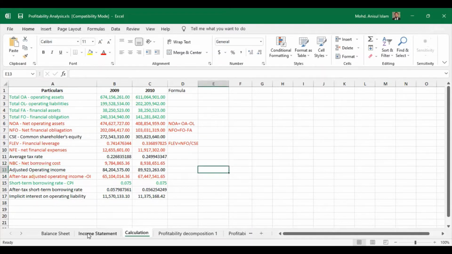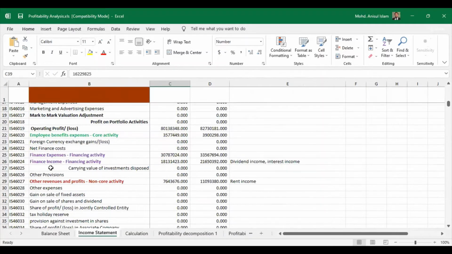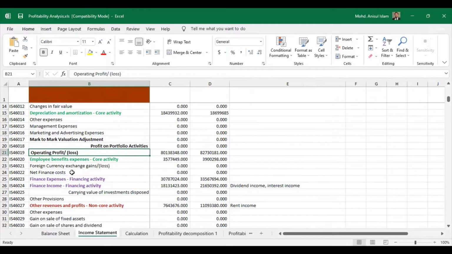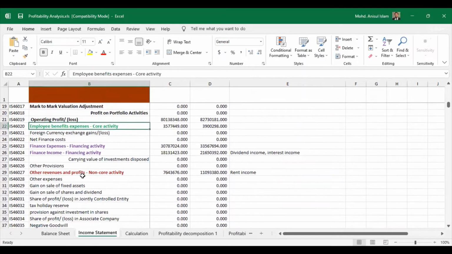The operating income reported here is what they have reported, but we need to look at the definition of operating profit given by the company, because you see that they have not included this, which is an operating part, and we have to find the necessary adjustment.